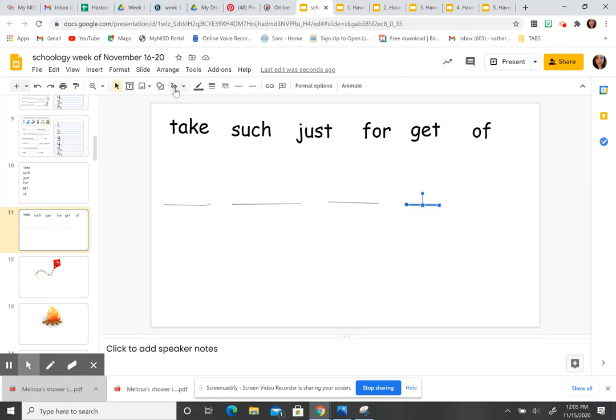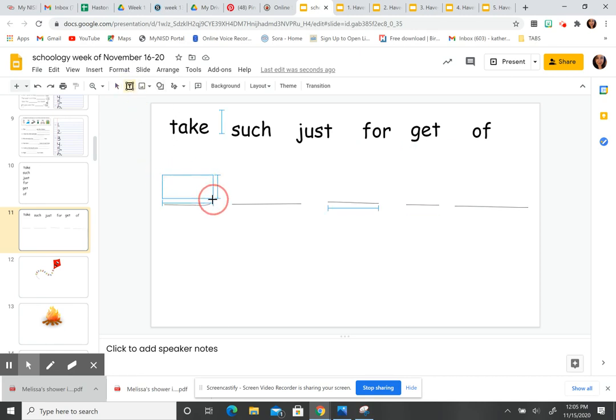Oops, hold on 1 second. We get ham at HEB, okay? We get ham at HEB. Remember, HEB is going to be one word. So our sentence has 1, 2, 3, 4, 5 words. So let's go ahead and see if we can figure out how to write it.